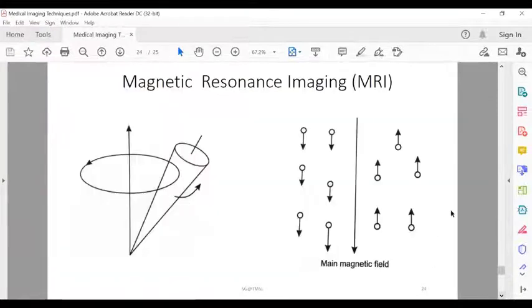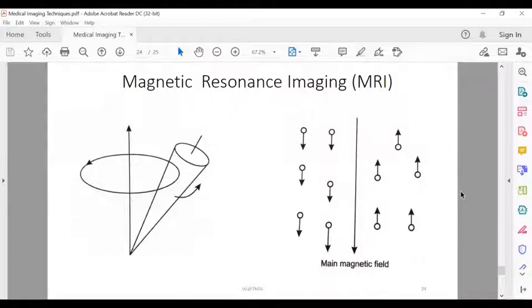Move on to the next slide, which is related to the MRI, the magnetic resonance imaging technique, which is based on the nuclear properties of the hydrogen atoms in the body. Elements having an odd number of protons in the nucleus have magnetic properties.